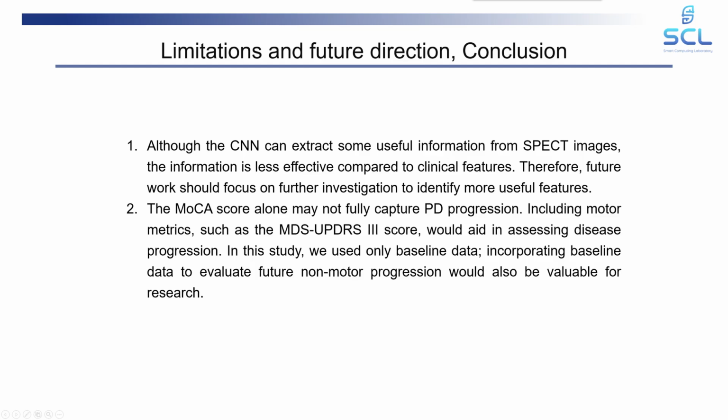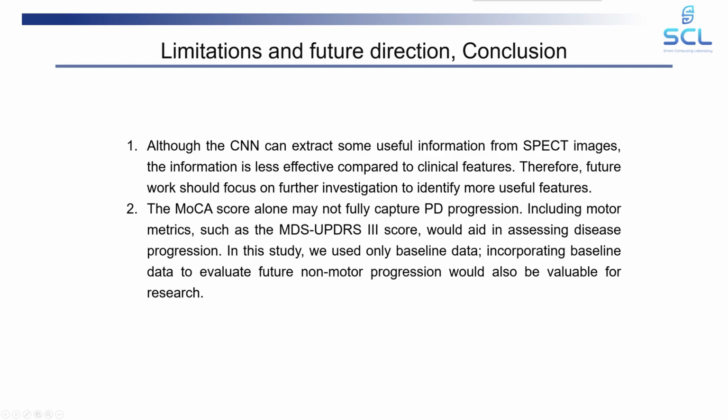In conclusion, in this study, we developed an end-to-end multimodal prediction model using baseline clinical features and DAT SPECT images to predict the cognitive status 4 years later. Our 3D CNN-based model did not need special pre-processing for the SPECT images.